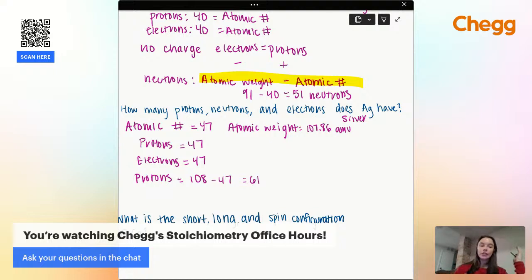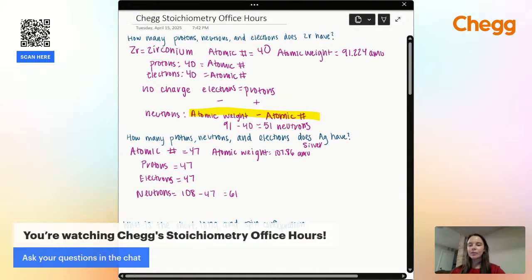So in neutral silver there's 47 protons, 47 electrons, and 61 neutrons. I wrote protons at the bottom by mistake, sorry if I confused you guys. There are 61 neutrons. So we went protons, electrons, neutrons.